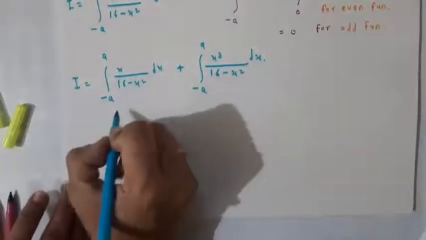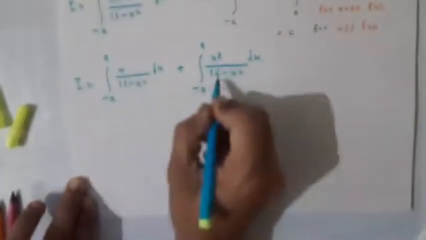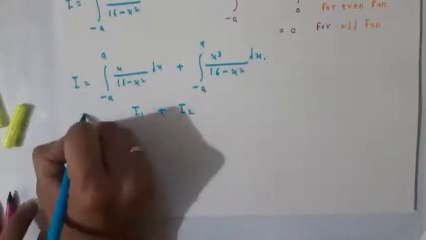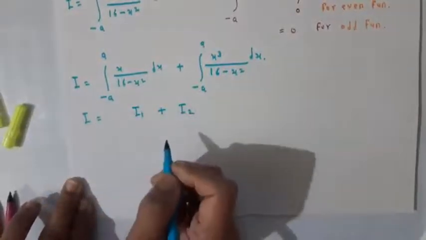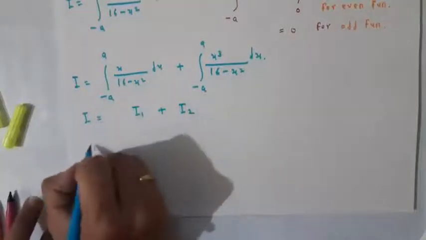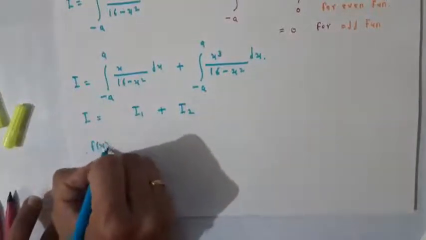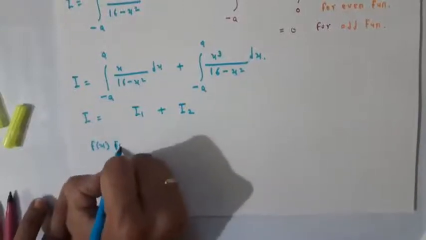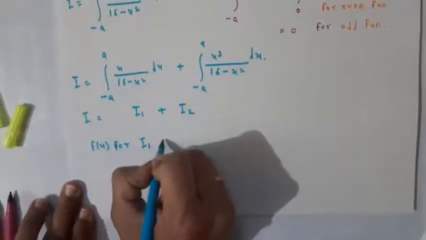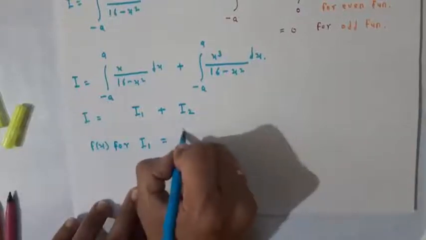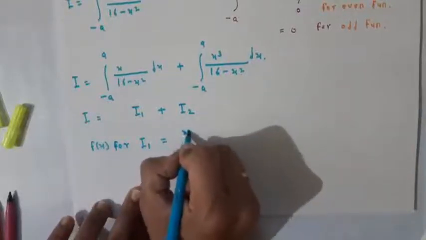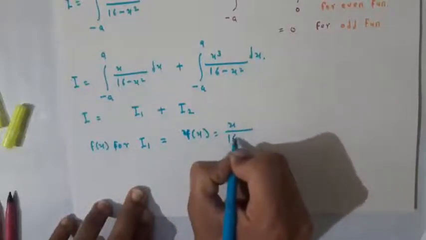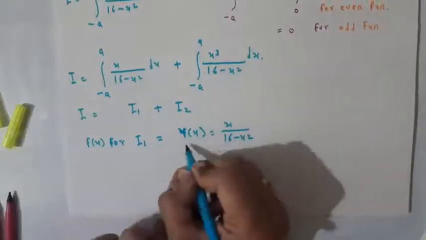So here the integration is I1 plus I2, and hence I equals I1 plus I2. Okay, and now check the function for I1. For I1, f of x equals x upon 16 minus x square. This is f of x.